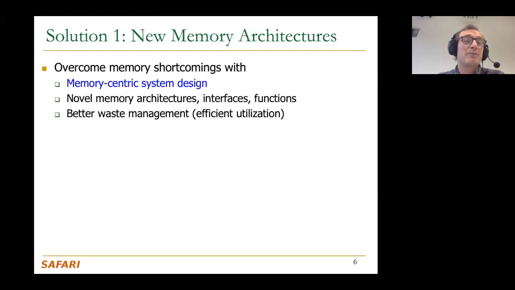Basically, you want essentially better memory, better interfaces, better functions, better architectures. And on top of this, I think we need better waste management, because if memory is really important, we should really not waste it as well, right? As I mentioned yesterday, a good chunk of memory is zeros.